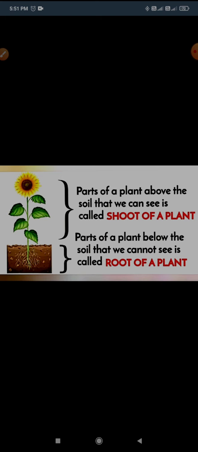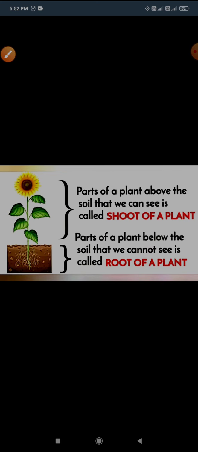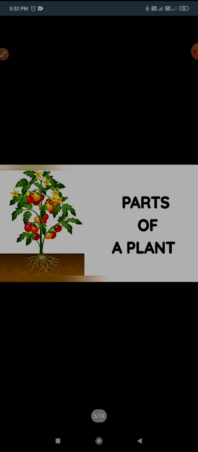Same in the plant. The whole plant is divided into two parts. The upper part that is visible, that we can see with our eyes, is called the shoot, and the lower portion is called the root, that we can't see because it is inside the soil.